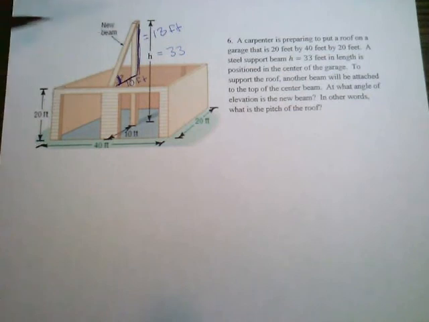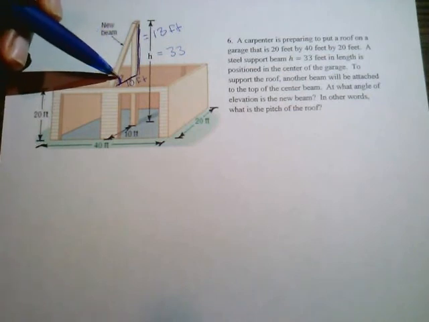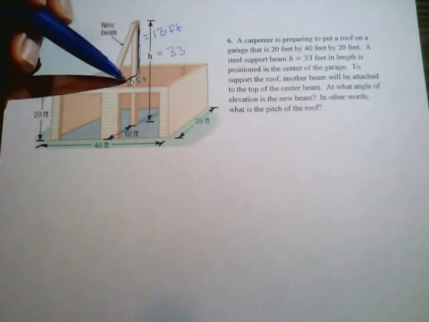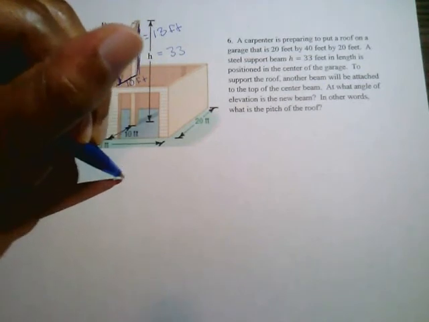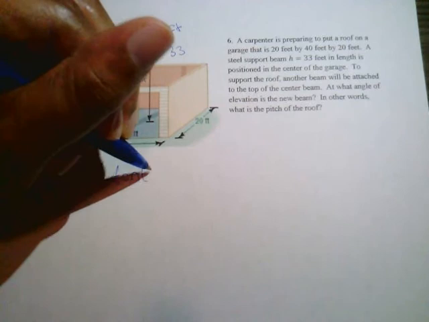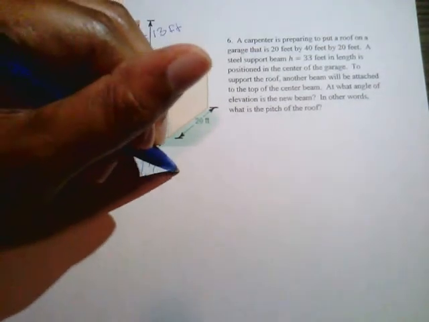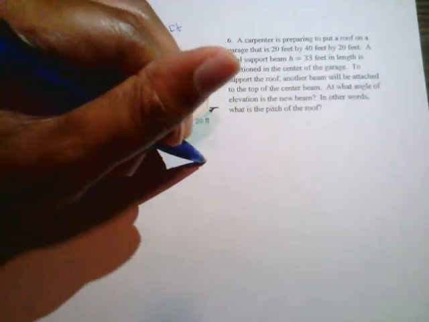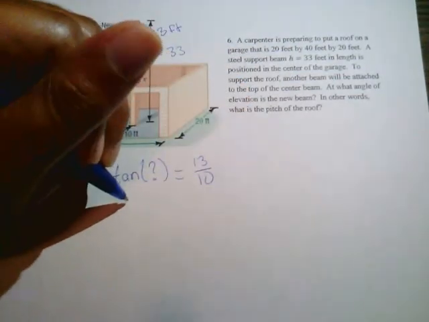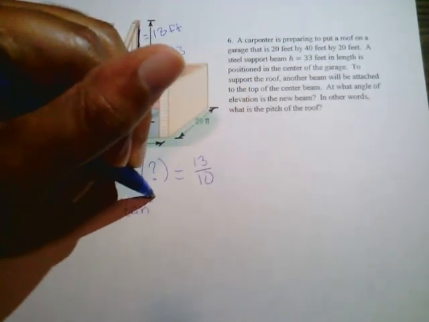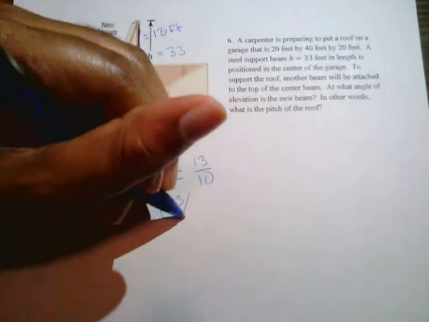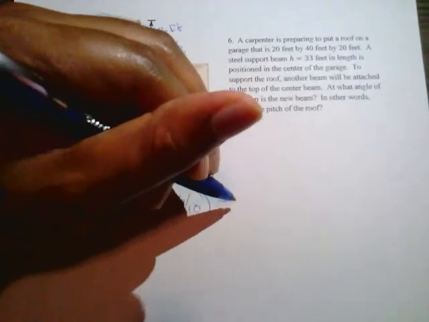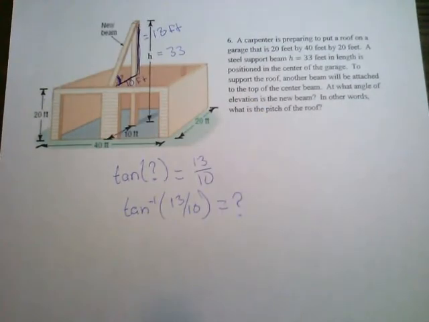So we have 10, we have 13. We're using tangent because we're using the opposite and the adjacent sides. So tangent of our unknown angle is going to be 13 over 10. So tangent inverse of 13 over 10 is our question mark.